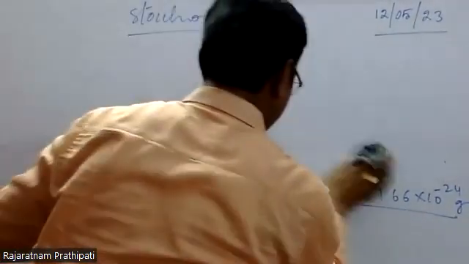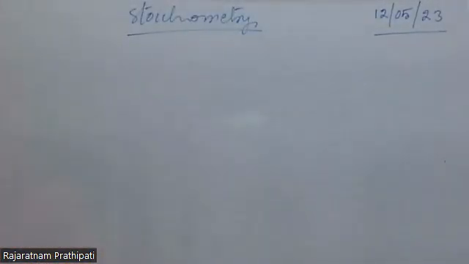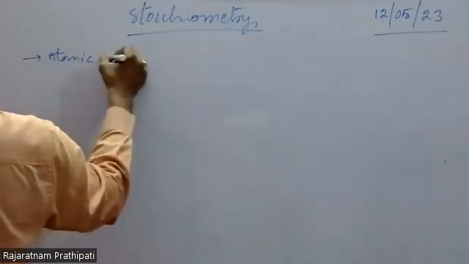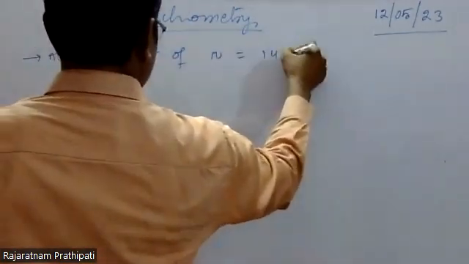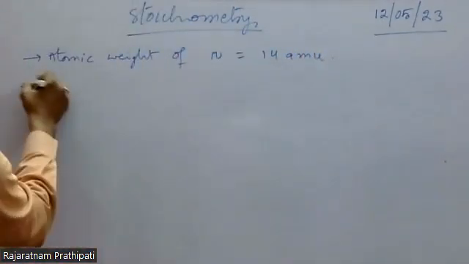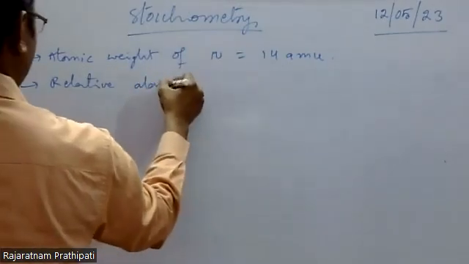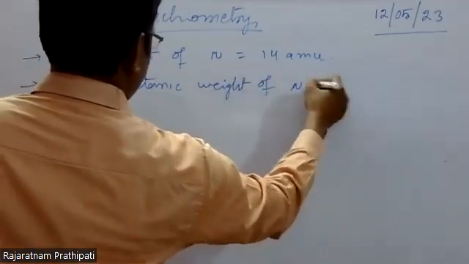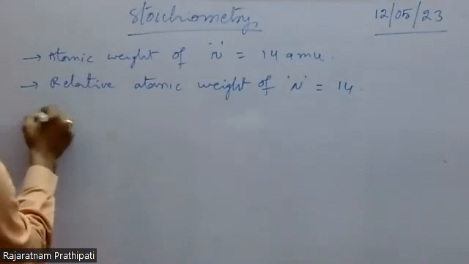Relative atomic weight. Here, the atomic weight of nitrogen is equal to 14 AMU. The relative atomic weight of nitrogen is equal to 14.